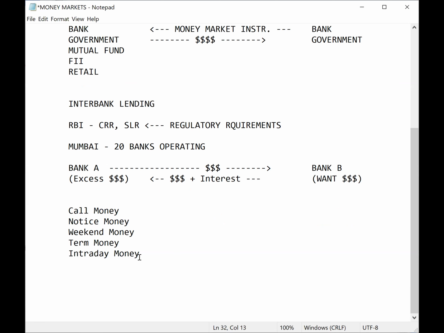What we mean by call money is that the lender, okay, see guys, he will be known as the lender and he would be known as what?